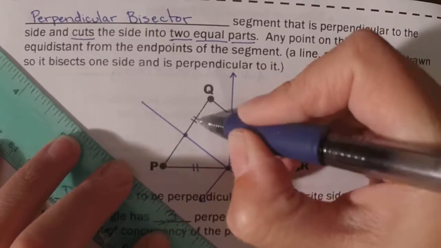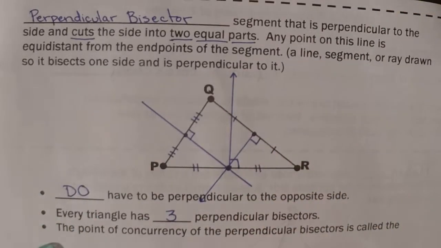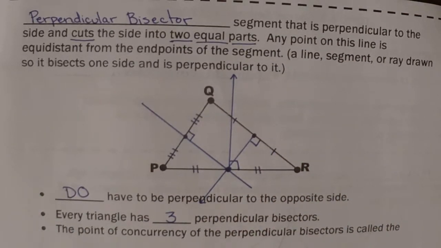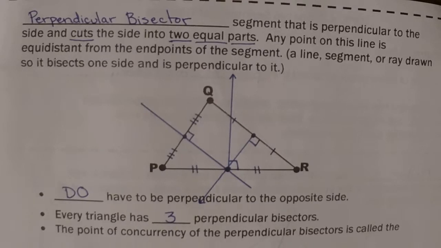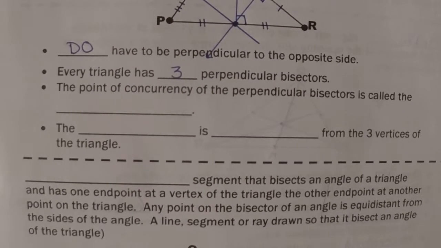And now we would have this equal to this, and we would have a right angle. So if you notice, we do have a point of concurrency. Your point of concurrency for a perpendicular bisector is called the circumcenter.